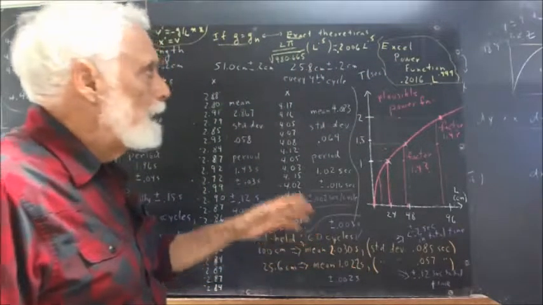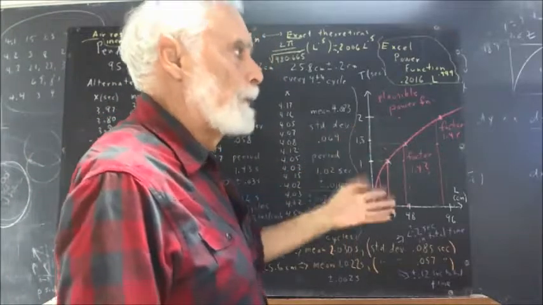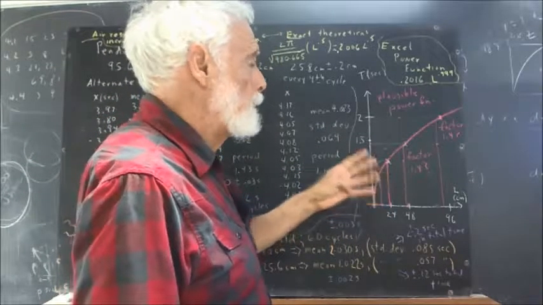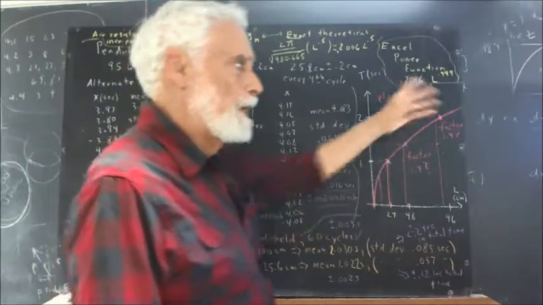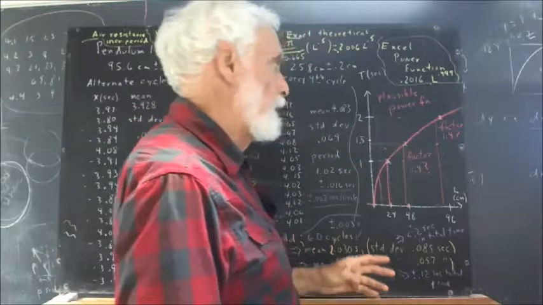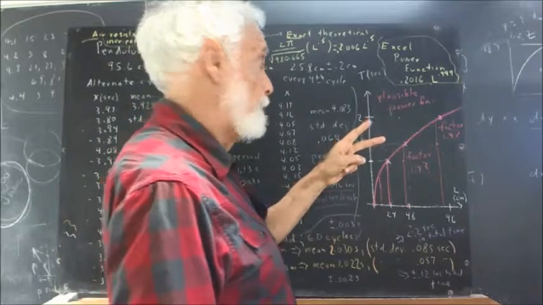Now, if the length is 4% greater, it turns out that the 0.5 power, or the square root of the length, should be only 2% greater.